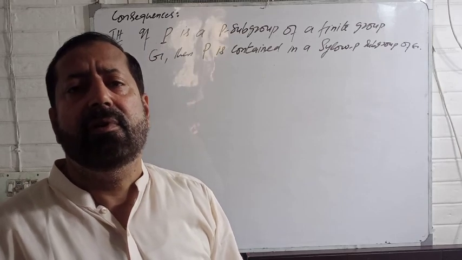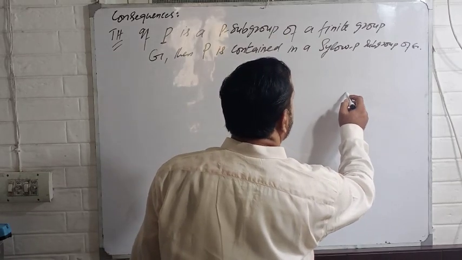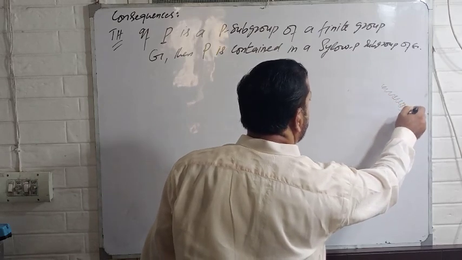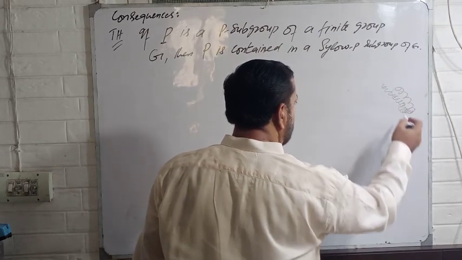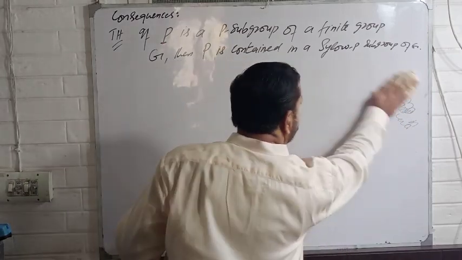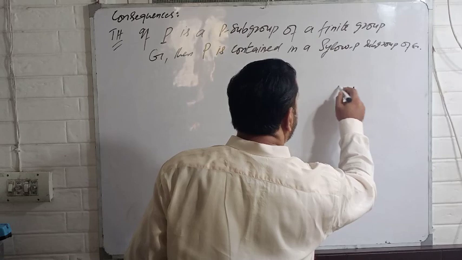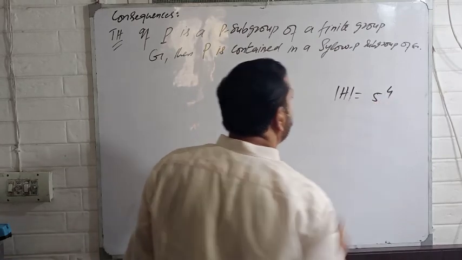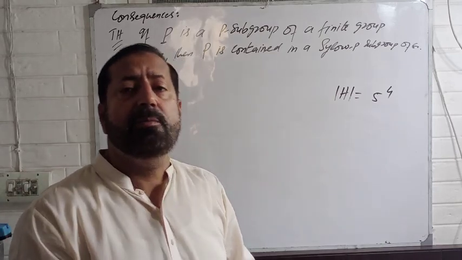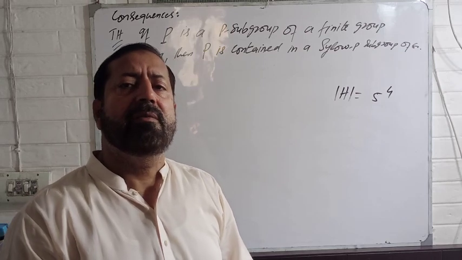For example, if the order of a Sylow-p subgroup H is 5 power 4, and H is a Sylow-p subgroup, then you may have a subgroup of order 5, a subgroup of order 5 square, a subgroup of order 5 cube.